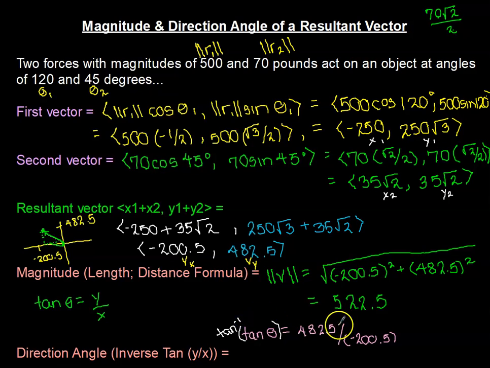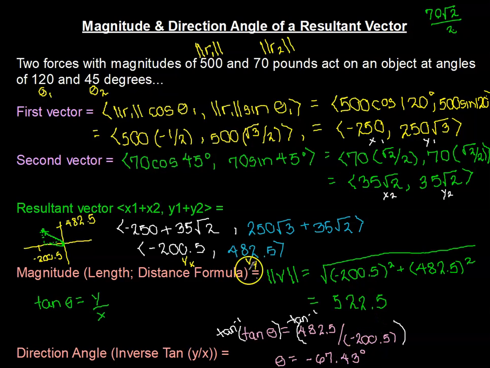Whatever you do to one side, you do to the other. So make sure you find out what 482.5 divided by negative 200.5 is first. And then you're just going to inverse tan that answer. So tan and inverse tan get rid of each other, leaving you with theta equals, and this would give you negative 67.43 degrees. So that's your direction angle.